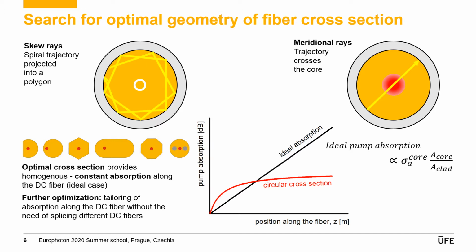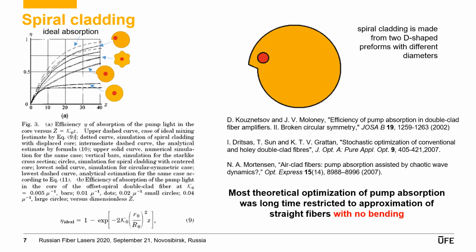So more sophisticated further optimization involves tailoring of absorption along the double-clad fiber. Many different fiber cross-sections have been investigated. For example, this spiral cladding cross-section proposed by Kuznetsov and Molyneux was found particularly efficient. However, most theoretical optimization of pump absorption was for a long time restricted to the approximation of straight fibers with no bending.